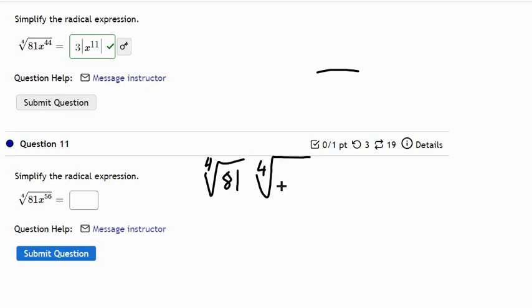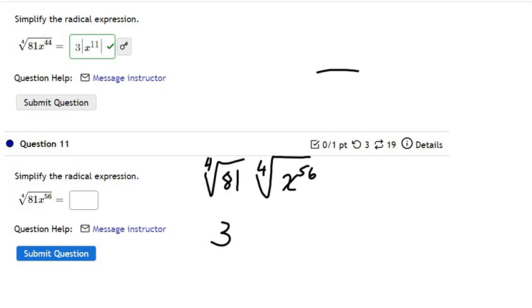And then we have the 4th root of x to the 56th. So we said this was 3. And then we just have to figure out what is the power of x that I raised to the 4th power to get x to the 56th.